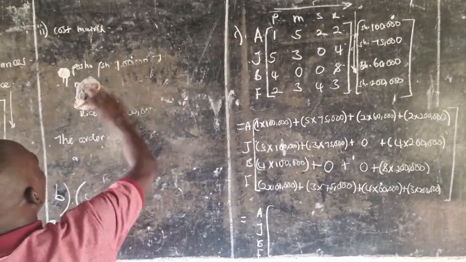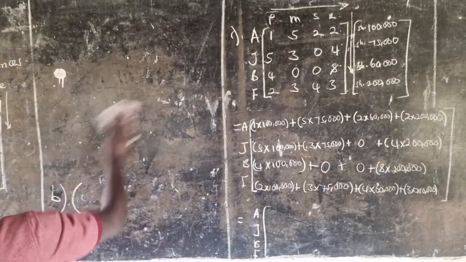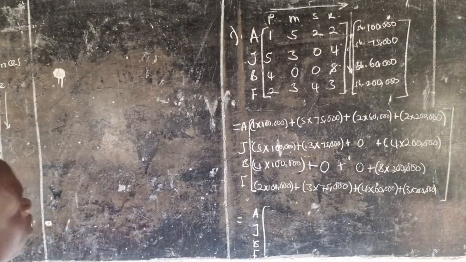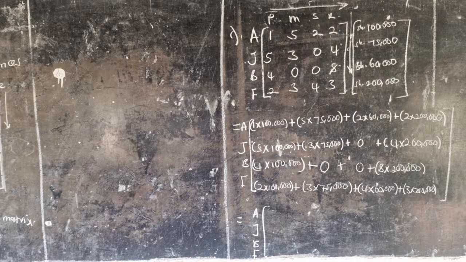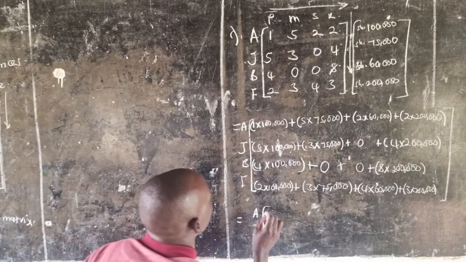So we are going to multiply, and of course, now when you have 1 times 100,000, we shall still maintain the 100,000. Then we have the 5 times the 75,000. Okay, so let's simplify this.